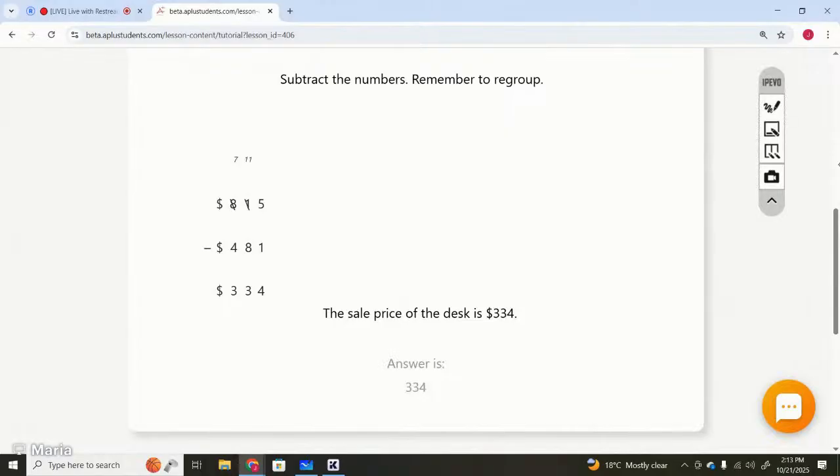Let's just subtract. 5 take away 1 is 4. We need to borrow 1. 11 take away 8 is 3. And 7 take away 4 is 3. So that is $334.